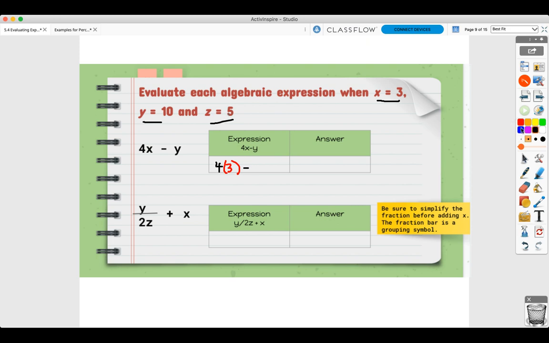I'll put blue for y, and red and then purple. So 4 times 3, remember multiplying before subtraction, so 12 minus 10, and that gives you 2.